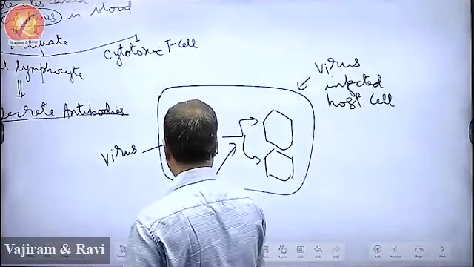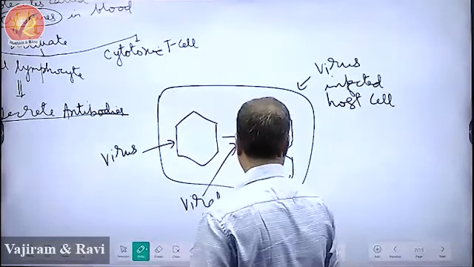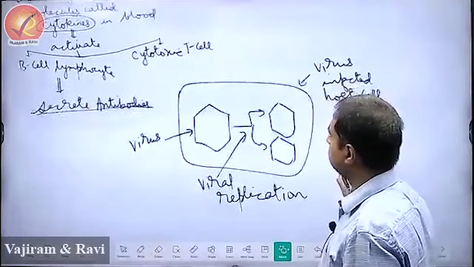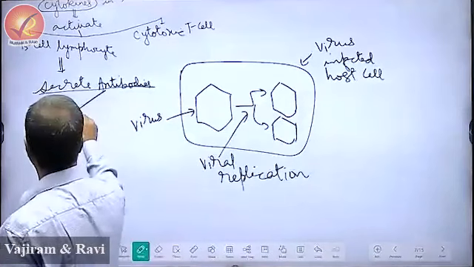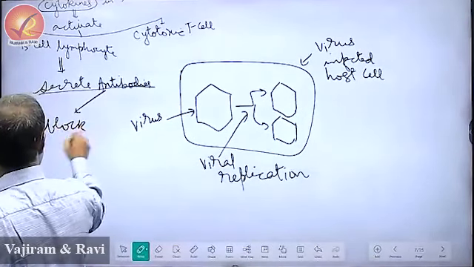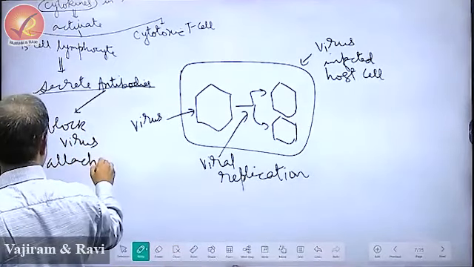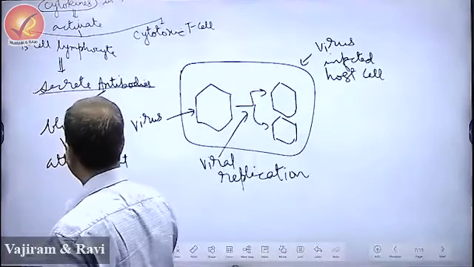So now we are showing viral replication. So till now we discussed that antibodies block the virus attachment. Suppose there is immune escape.